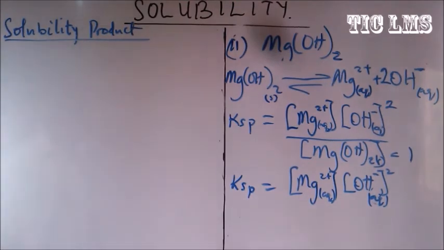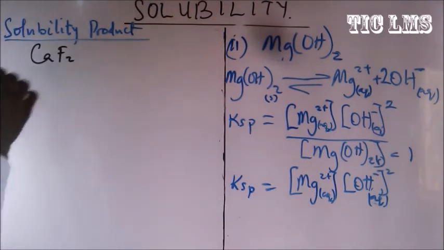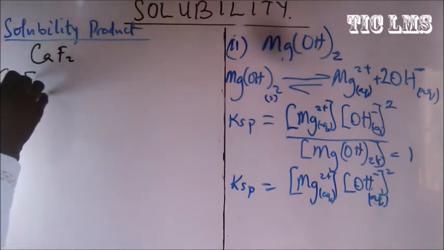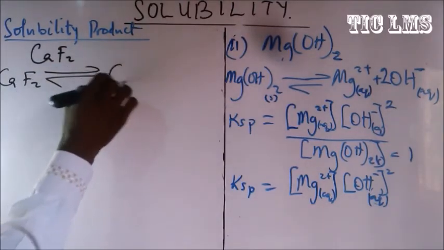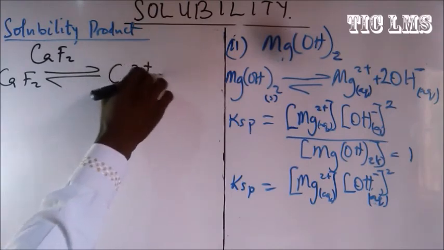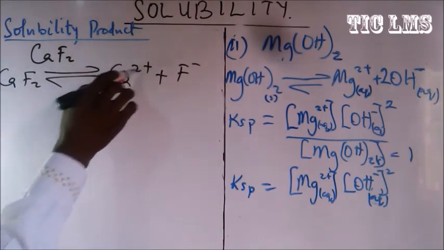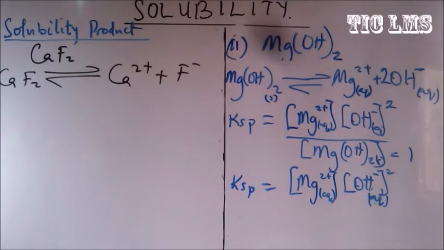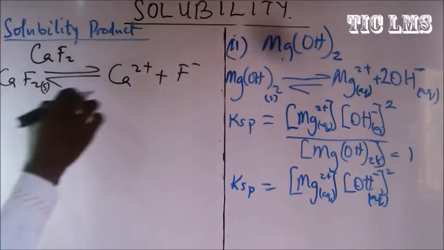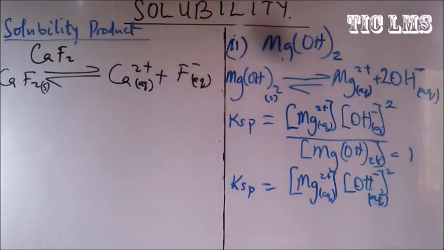And then lastly, for calcium fluoride. Here we have calcium fluoride, which dissolves in water or in a solvent to form calcium 2 plus and fluoride minus. This 2 plus is the oxidation number of calcium, while this minus is the oxidation number, that's -1, of fluorine. Now we have this in solid, we have calcium in aqueous form, we have fluoride in aqueous form.